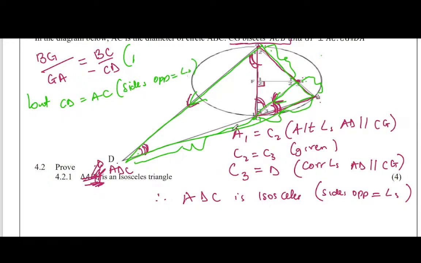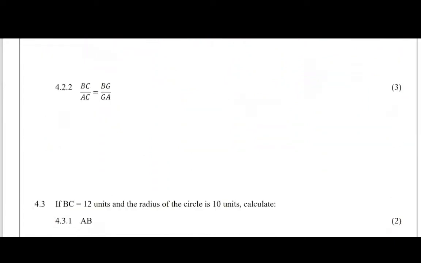So as long as the sides are the same, instead of using the CD, we can just use the AC. So it's going to be BG over GA, it must be the same as BC over AC, where the CD can replace the AC. And then that is proved. That is for 4.2.2.